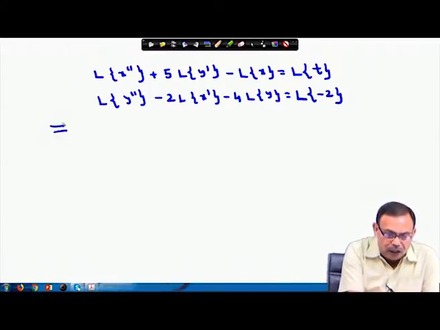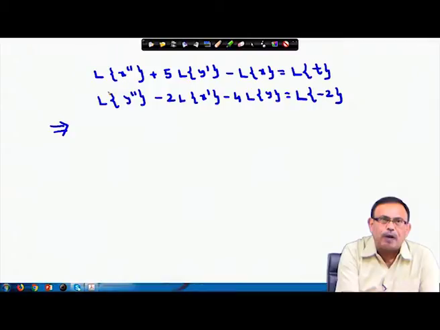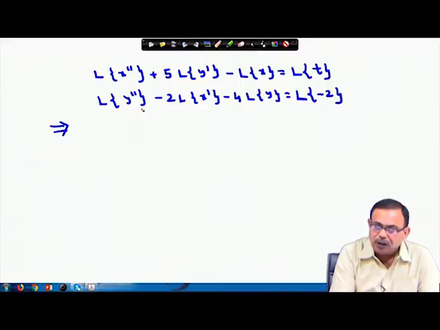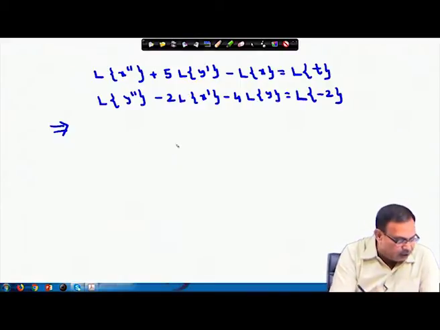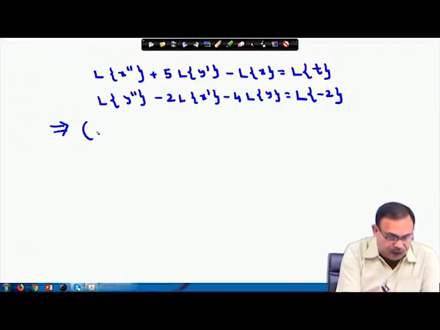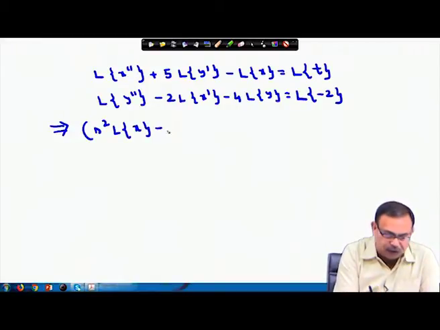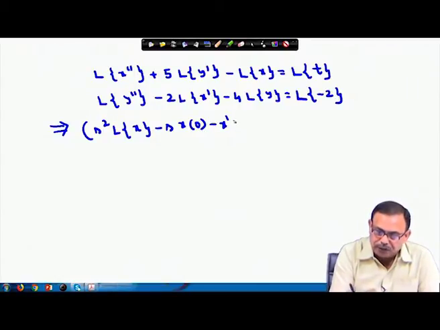So, again by substituting the values of the Laplace transforms of x double dash, y dash and y double dash, you will get the next set of equations, that is s square into the Laplace transform of x minus s x(0) minus x dash(0).